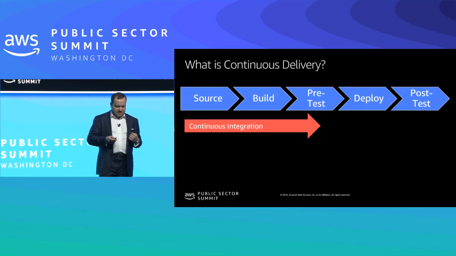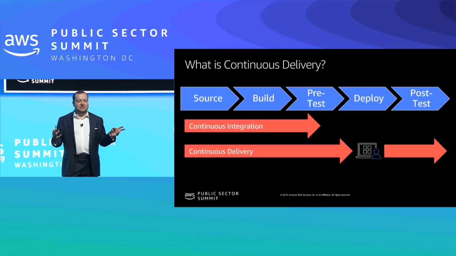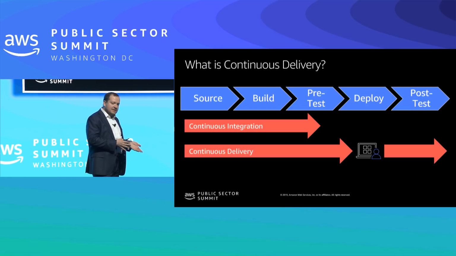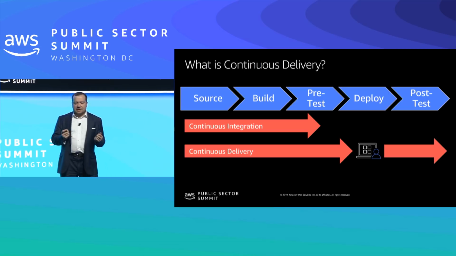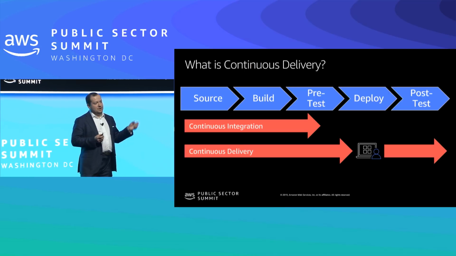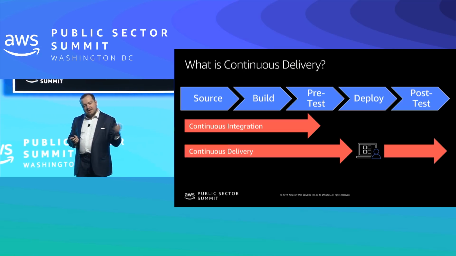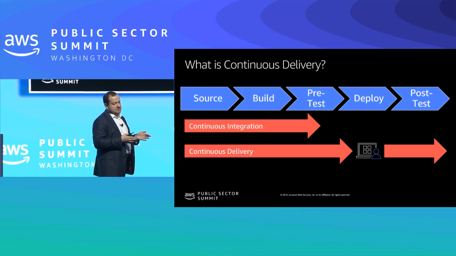Then you've got continuous delivery. Continuous delivery is what most of the customers I talk to actually mean when they say they want to do DevOps. Continuous delivery is when you not only build your artifact automatically, but you run your tests, you do your deploys, you deploy to staging and you deploy to production, and it's all with full automation.